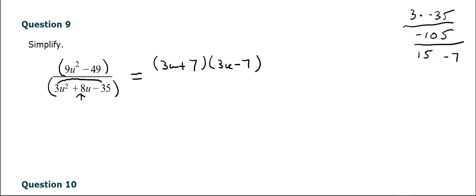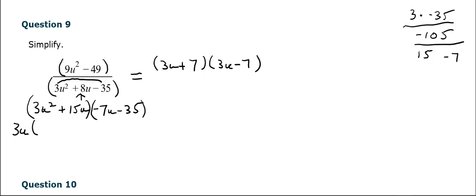So what we do is we rewrite our middle term using those two factors in any order. And then remember, we group the first two together and the last two together and remove the greatest common factor. So in the first group, the greatest common factor is 3u.